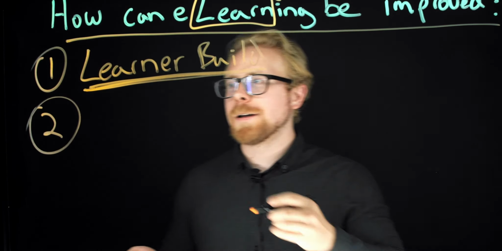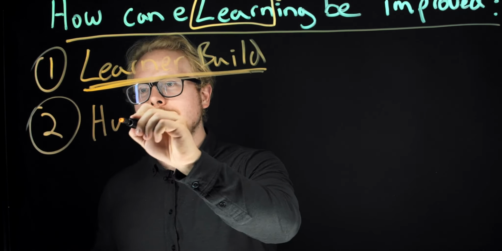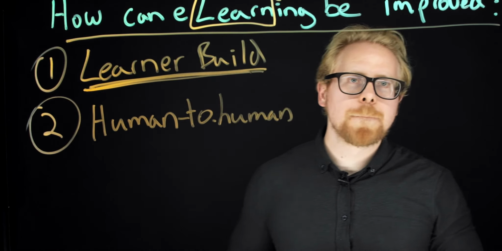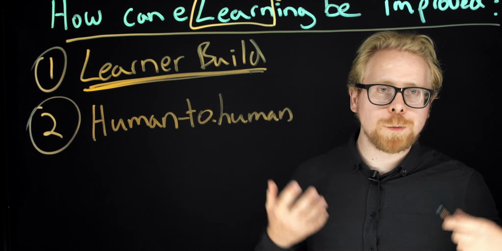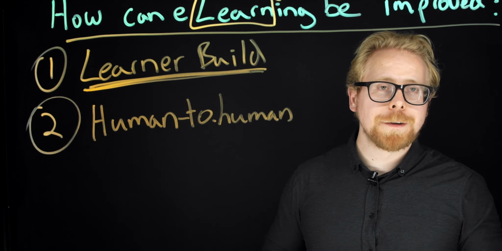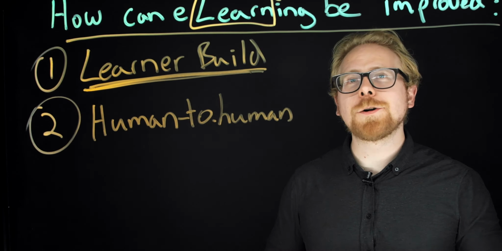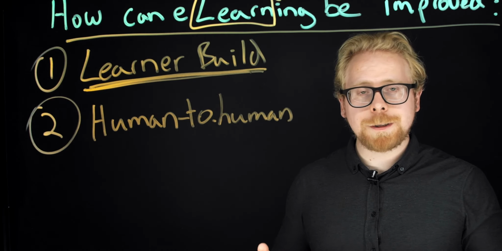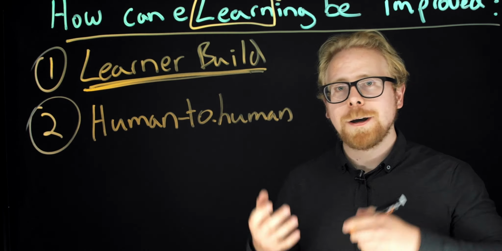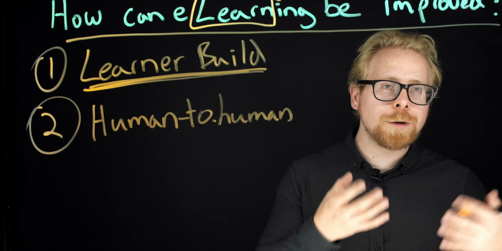Human-to-human interaction. This is something that we have clients tell us all the time. I want to build an e-learning program, but I don't want to lose the human-to-human component. It's a hard thing to do. And when you're also looking at building a program to train employees, you want them to interact with and know who they're working with.